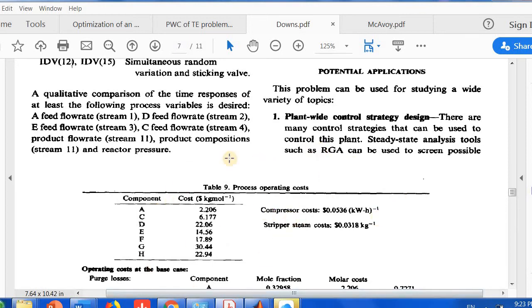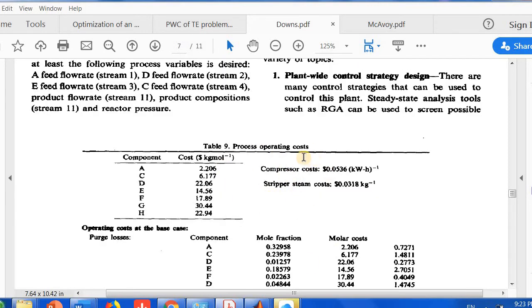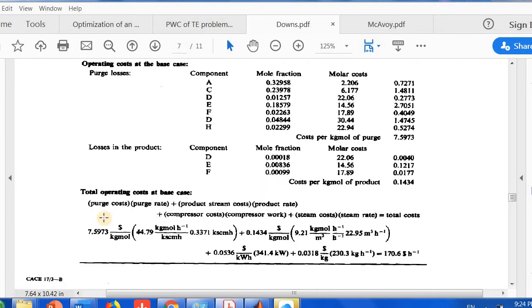You have process operating cost, so you can calculate how much you are spending. Because of your control system, you will have a better or a worse operating cost. Total operating cost is the purge cost times the purge rate, because you're losing your feed. My feed, which is the inventory, if I purge it, I'm losing money.